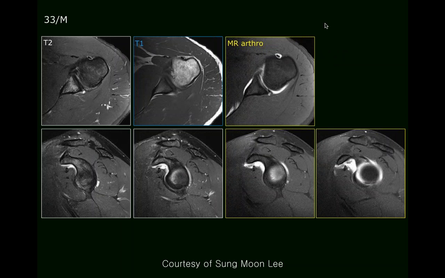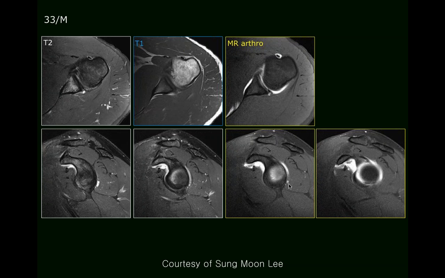Okay, Jonah, what do you think of this one? Certainly. We've got axial images, including an arthrogram of a 33-year-old male, also sagittals along the bottom there. What I'm seeing is some flattening and a linear signal through the posterior labrum. Especially on that arthrogram image, it's showing it dissecting through.